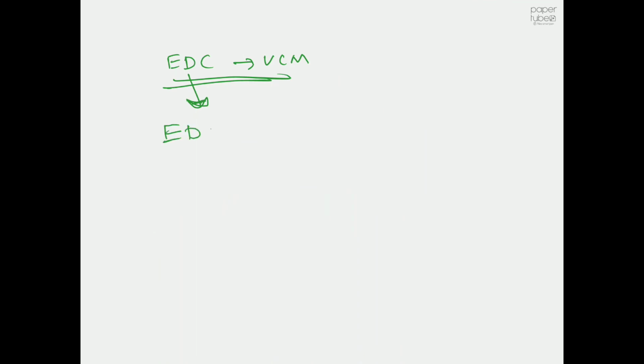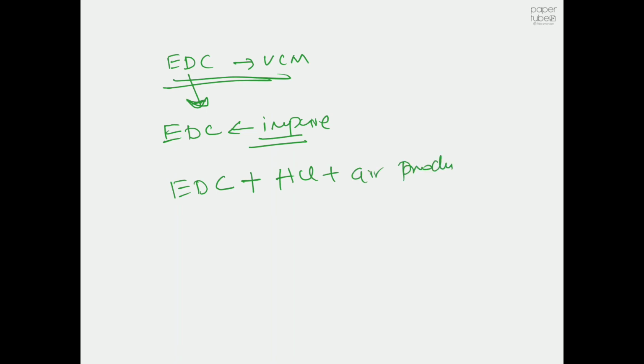Normally the ethylene dichloride that we get will be impure. This product stream will contain ethylene dichloride plus HCl plus byproducts. Sometimes we can even encounter trichloroethane.